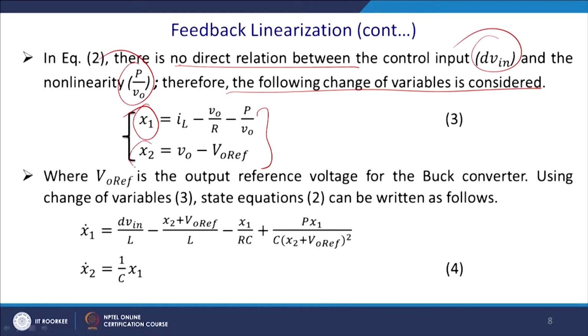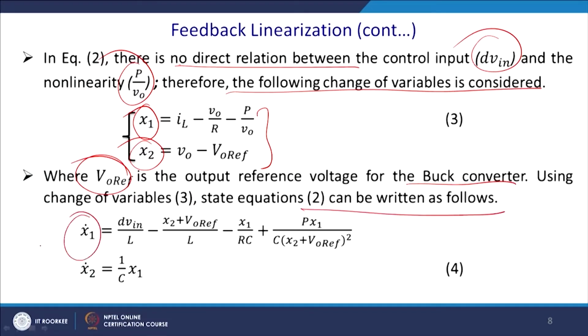Similarly, the error of the output voltage, that is V 0 minus V 0 ref, is considered as x 2, another state, where V 0 ref is the output reference voltage of the buck converter, or any DC to DC converter you consider here. Using the change of variables 3, the state equation 2 can be rewritten as follows.